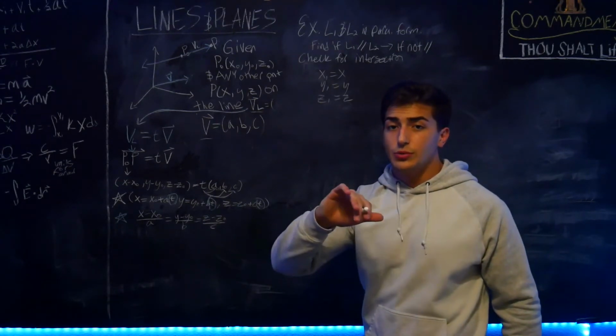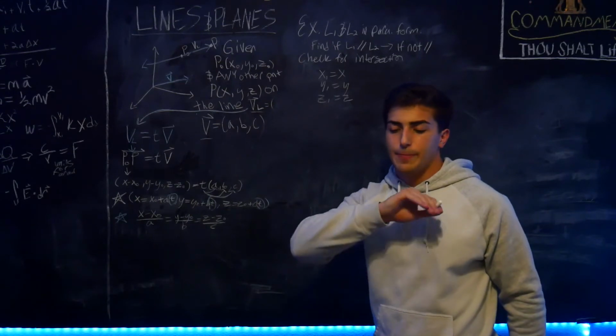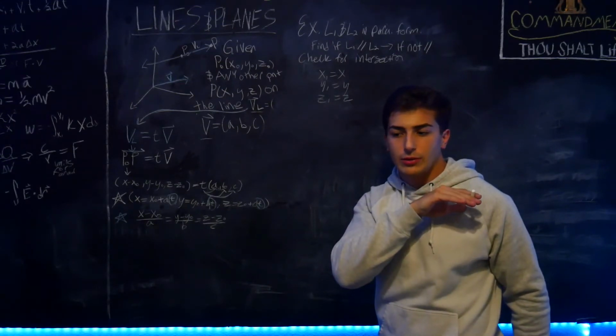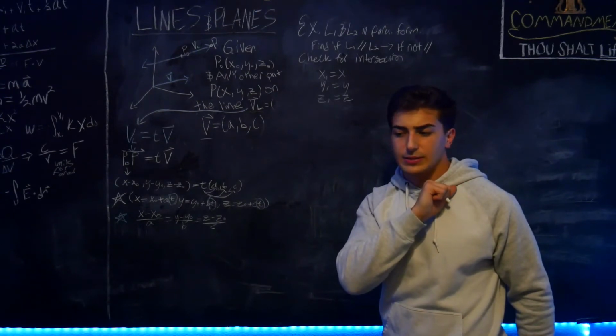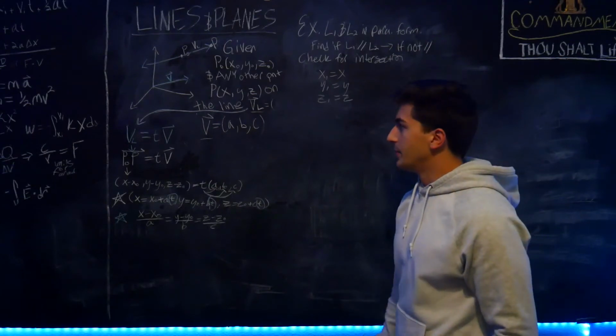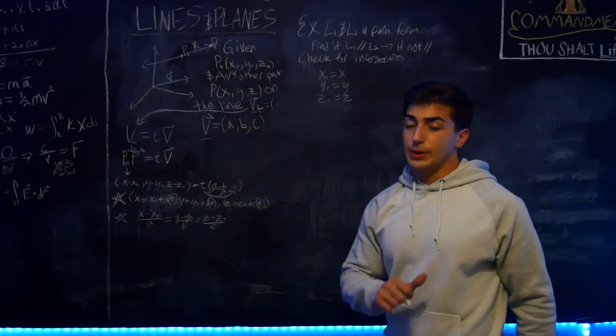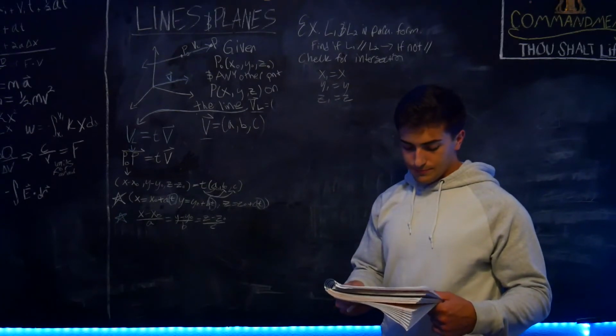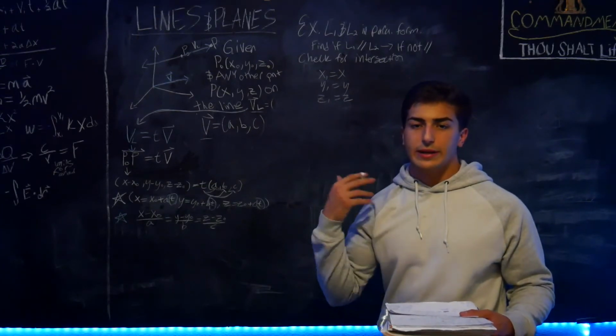This is called skewing, and it just means that the lines aren't parallel, but since it's a 3D plane, they never intersect. In a 2D plane, we can't do that, but in 3D, they skew. They never intersect. That's how you write it in mathy terms.